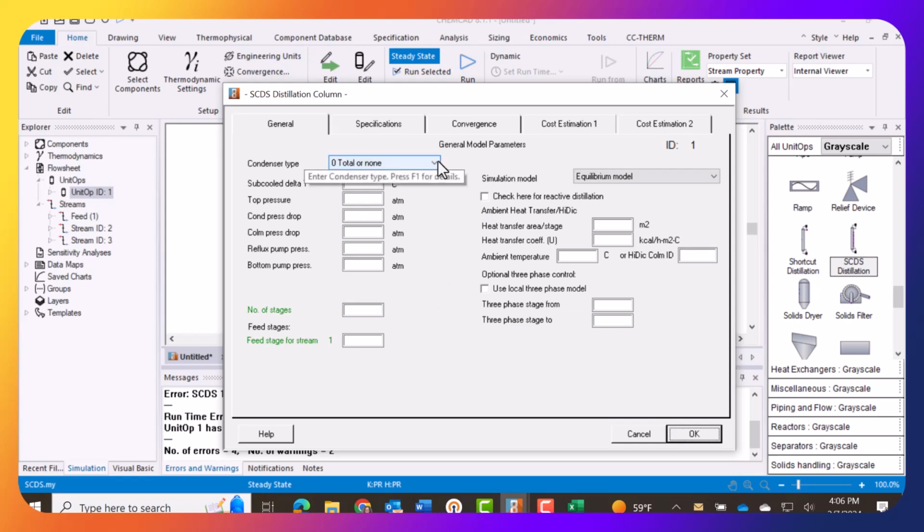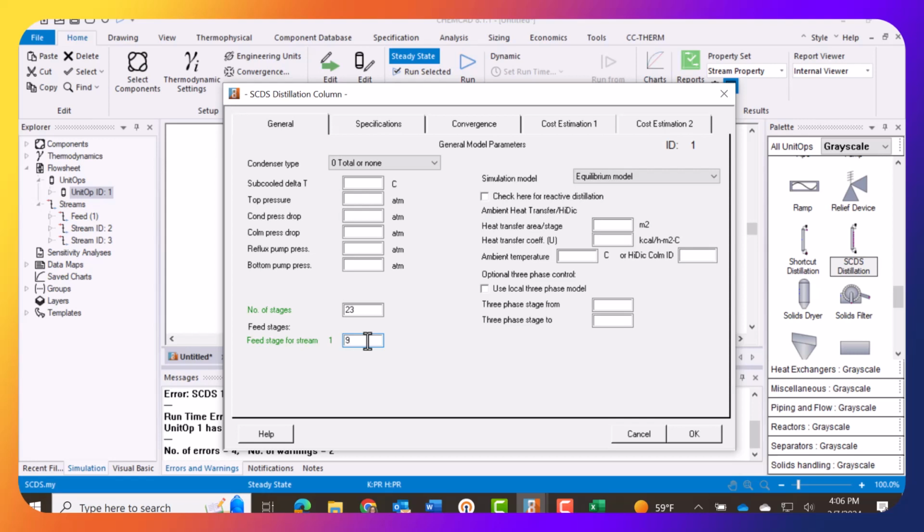Okay. So we have a condenser. In this case it is a total condenser, so total or none is our best choice there. The number of stages is 23, and the feed stage is, oh, they did say that somewhere in there, and I didn't read that because, oh, it is stated in step 6.